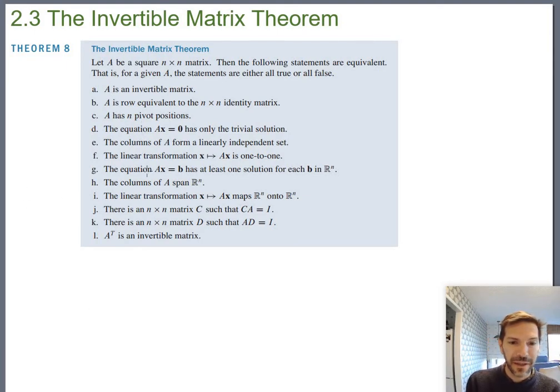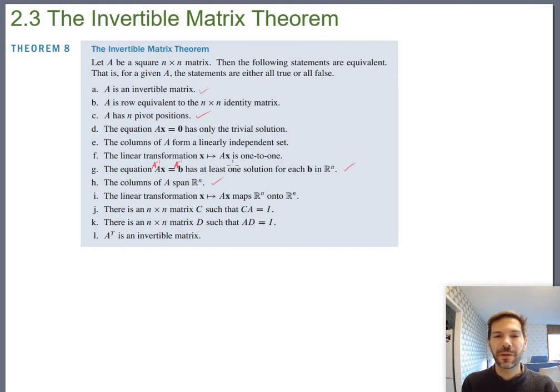You could take the inverse, and that's how you find your solution for each b in Rn. So there's your invertible matrix. We already did pivot positions, we already did this one, we already did that one.